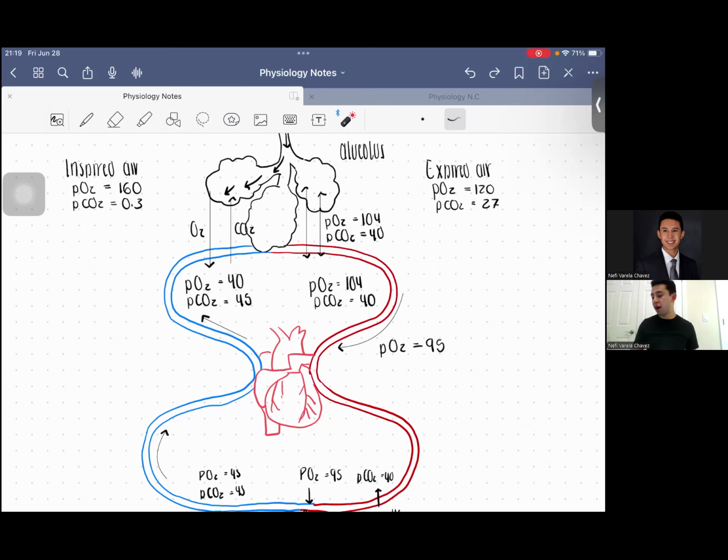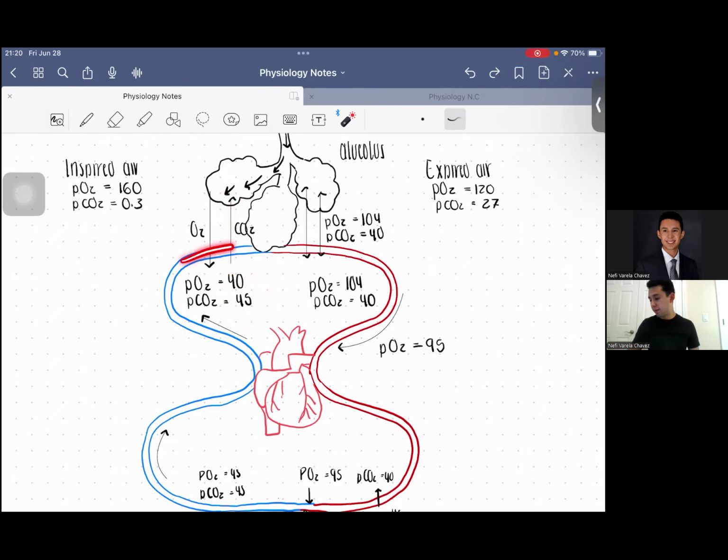Because we have a higher concentration of carbon dioxide in our vasculature, it will want to go to the alveoli, to finally be secreted in expiration.